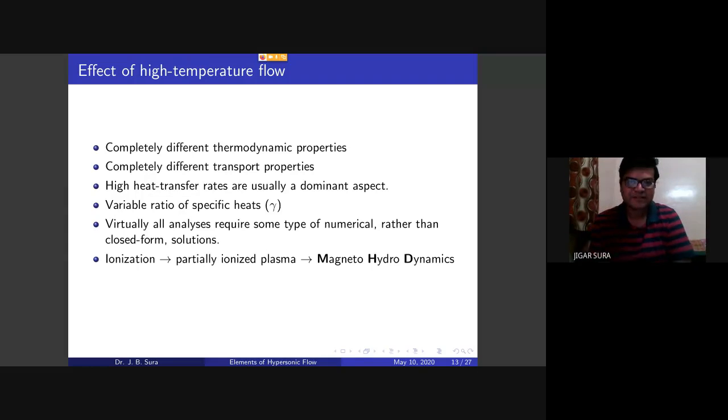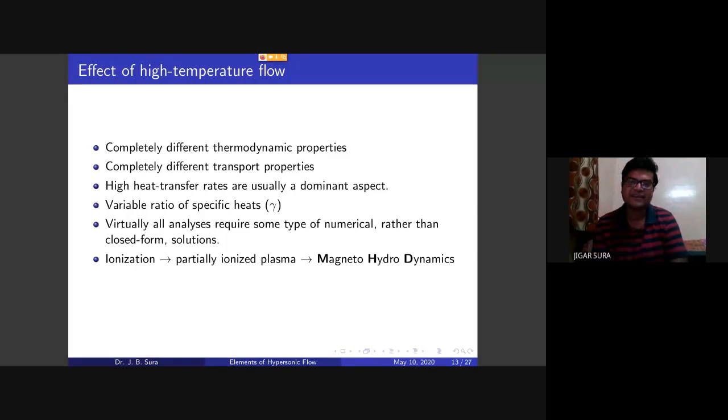Another important aspect is ionization. You know that solid, liquid, gas, and the fourth phase of matter is plasma. So once you ionize the gas, it becomes partially ionized plasma. You have some amount of gas also, you have some amount of plasma inside the shock layer around the space shuttle or hypersonic plane. Now that plasma contains electrons. Electron means current. Current means electromagnetic field.